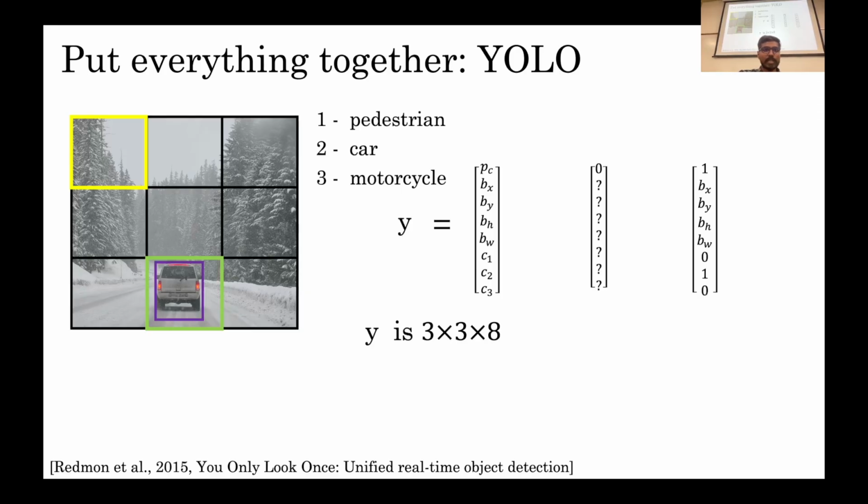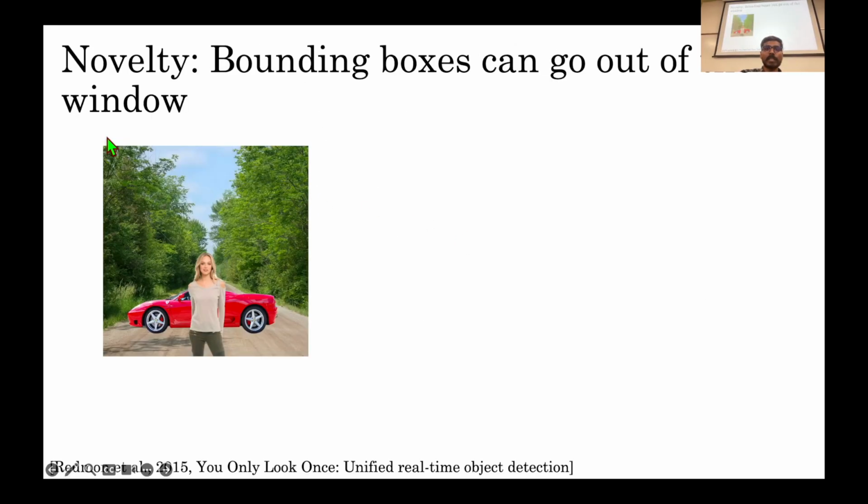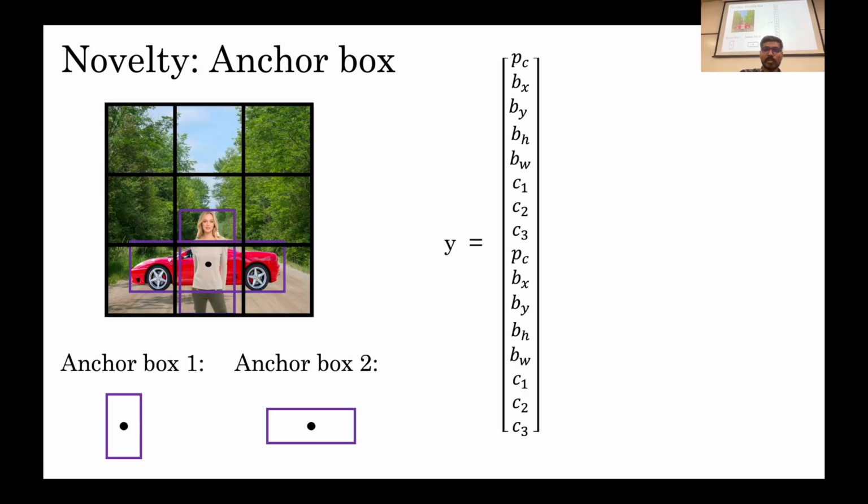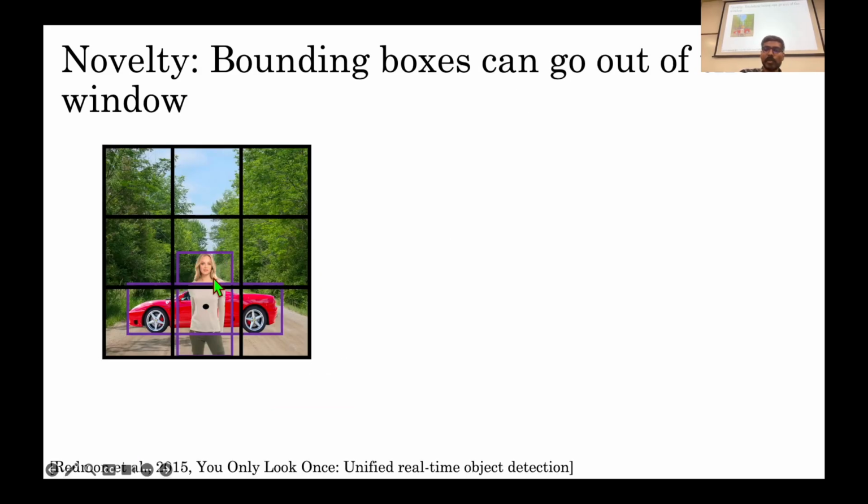If the object is bigger than the window size, it will create a problem if you restrict BX, BY, BH, BW to be inside the window. So they said that maybe it doesn't matter; you can just expand that outside the window also. When you define your ground truth, you can give it in such a way that even if the box goes out of the window, that is fine.